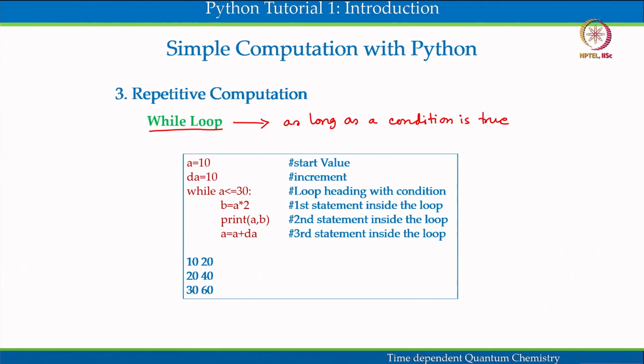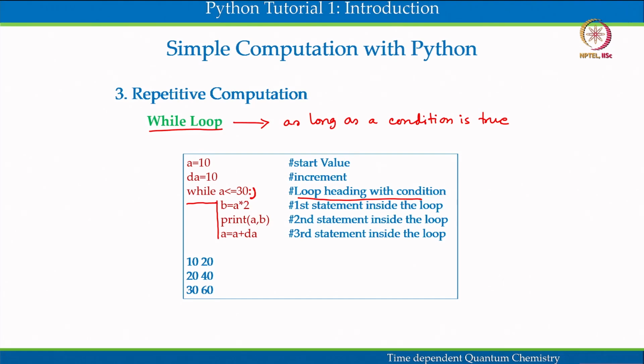And in Python, the statements given in the loop are indented. You see, there is a space we have given. Either you can use a space or tab. And the loop heading with a condition is given, and at the end of the heading we have a colon sign which defines the loop.